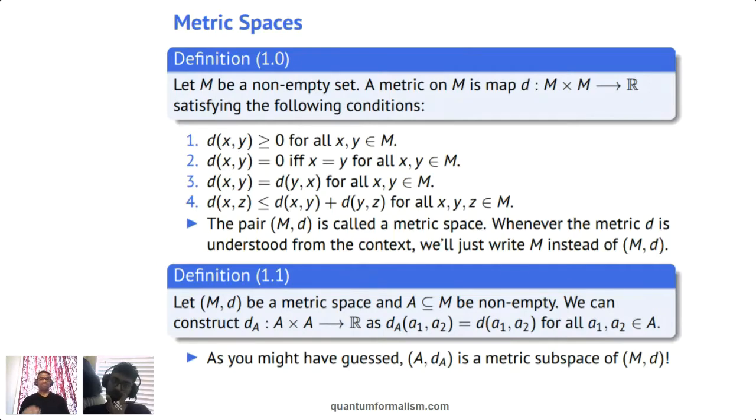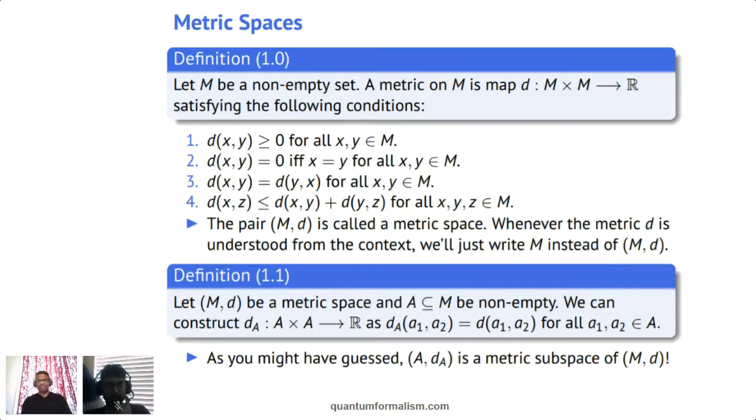The distance from London to New York is the same as the distance from New York to London, right? And then you have this thing here, which is the triangular inequality, okay? So these are the conditions for a map, not any map, to be called a metric on M. They have to satisfy these four conditions. And then the pair MD is called a metric space.